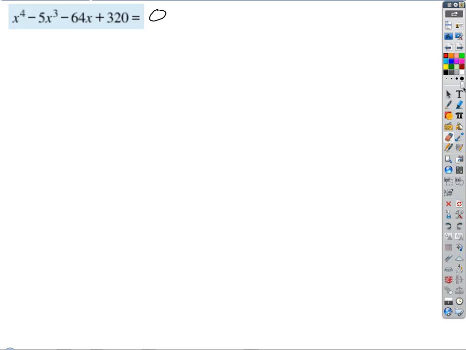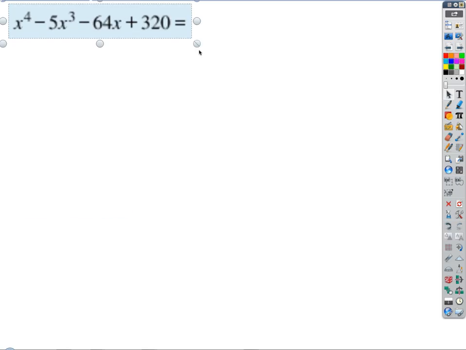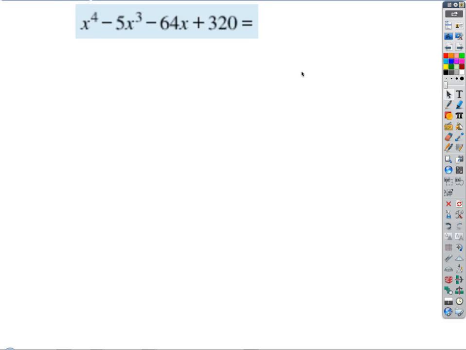And let me make this a little bigger. How about? Okay, what's that going to look like? Divide it up, right? So I got my first two terms, second two terms.